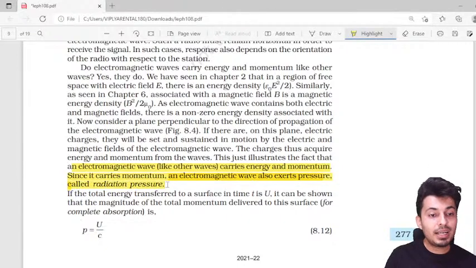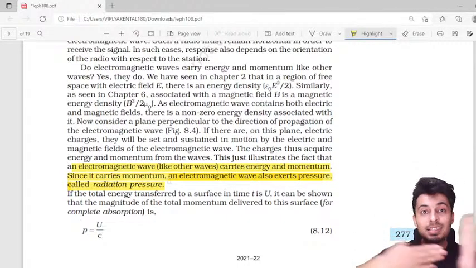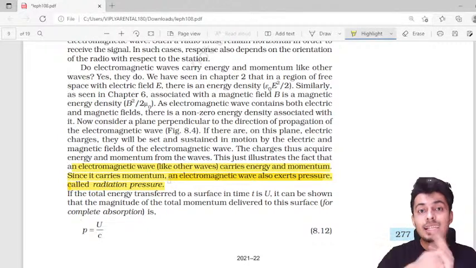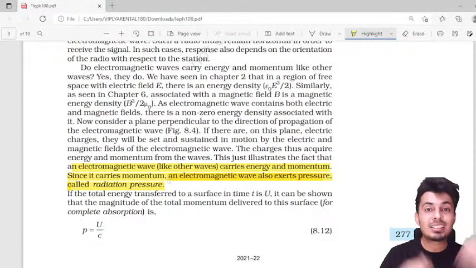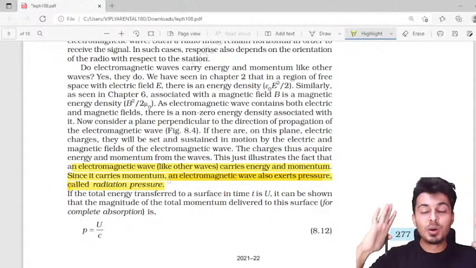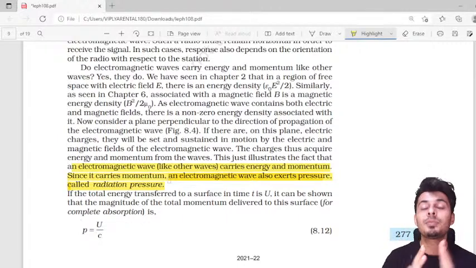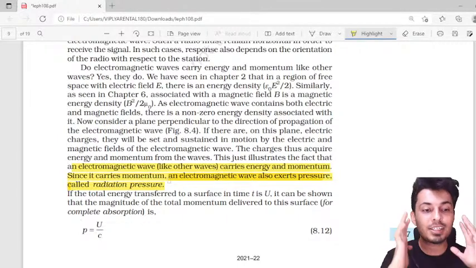That momentum, when it is imparted onto a surface, imagine light striking a surface, light hitting your face or a mirror, that light will obviously impart a momentum, and that momentum is going to create some impulse. That impulse per unit time, per unit area, is basically called radiation pressure.